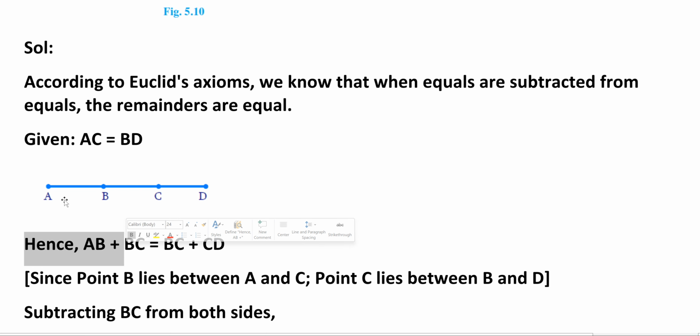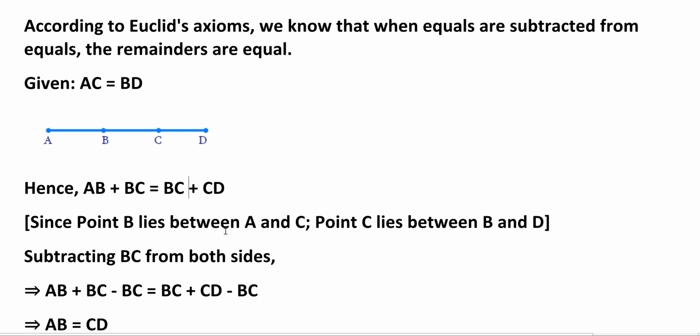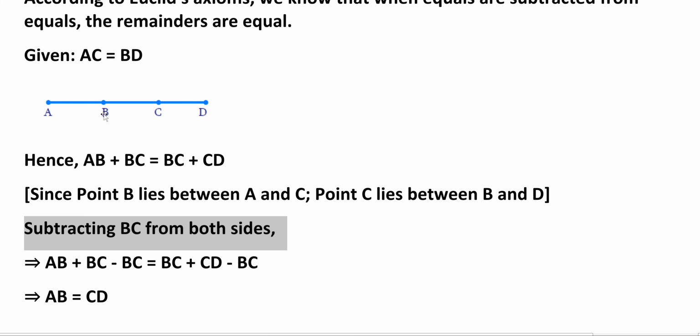Hence AB plus BC is equal to BC plus CD, since B lies between A and C, and C lies between B and D. Subtracting BC from both sides, AB plus BC minus BC is equal to BC plus CD minus BC.